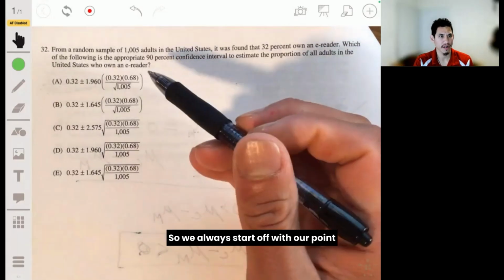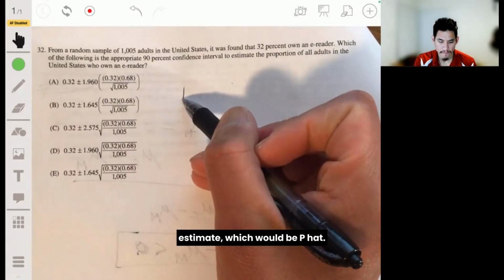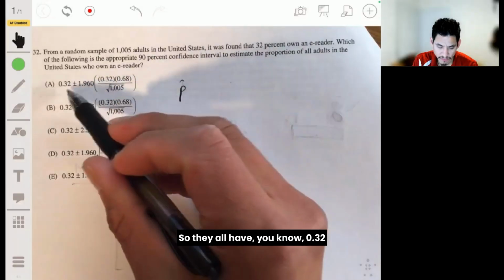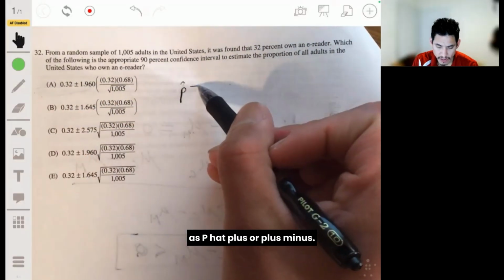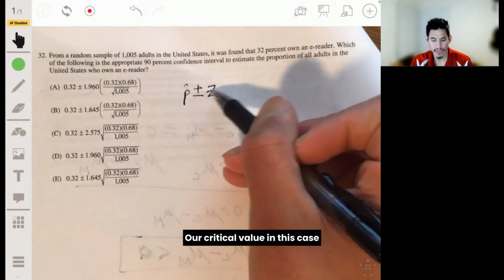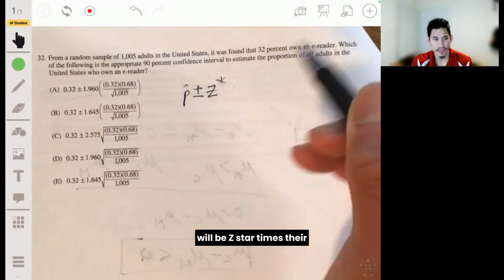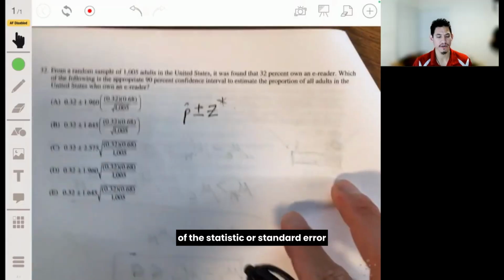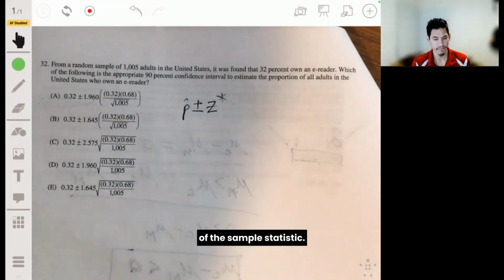Okay, so we always start off with our point estimate, which would be p hat. So they have 0.32 as p hat, plus minus our critical value, in this case z star, times the standard deviation of the statistic, or standard error of the sample statistic.